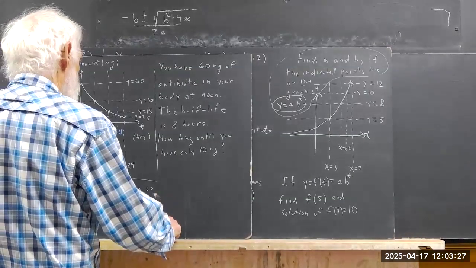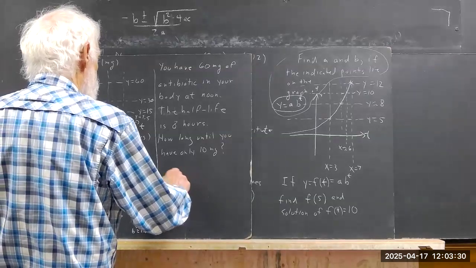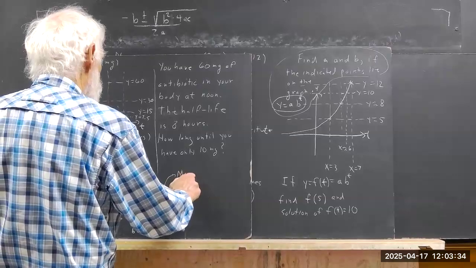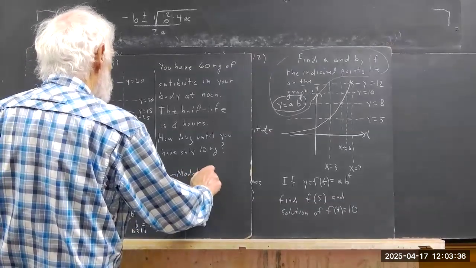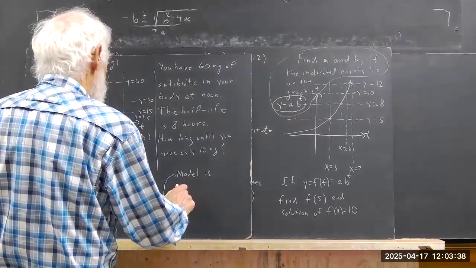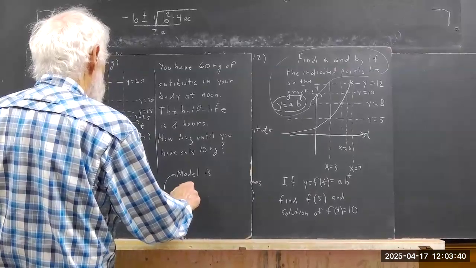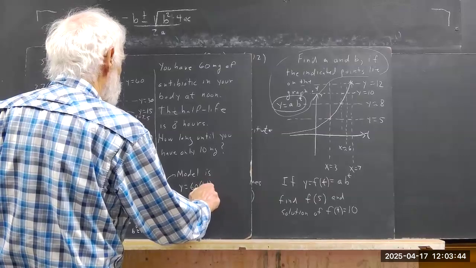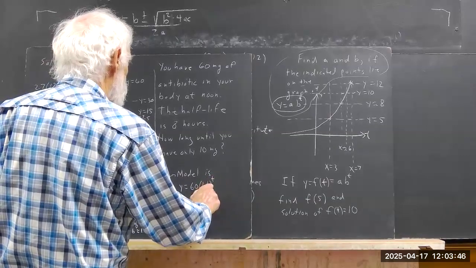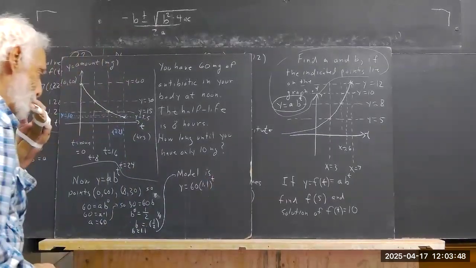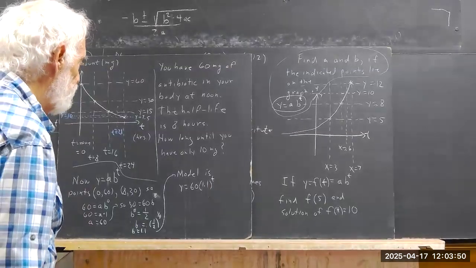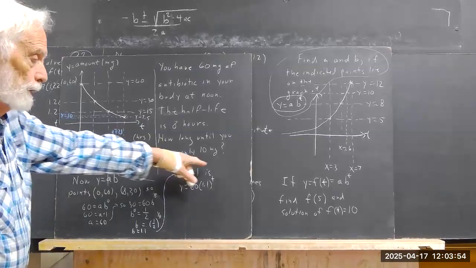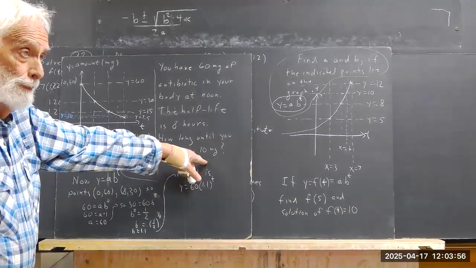Okay, so now the model is y equals 60 times 1.1 raised to the t. Now, how do we determine how long it is till you have only 10 milligrams?